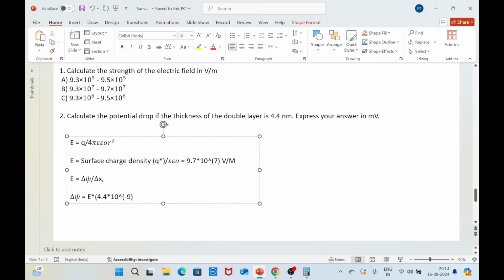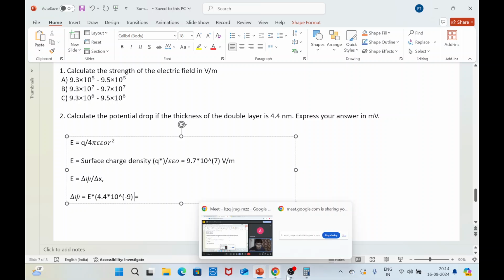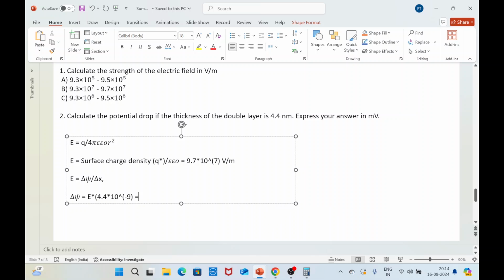Please be careful with the units. If you multiply, you will be able to calculate the potential drop. I will upload this PPT with the values in it.